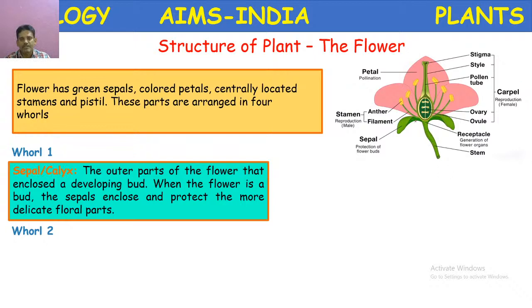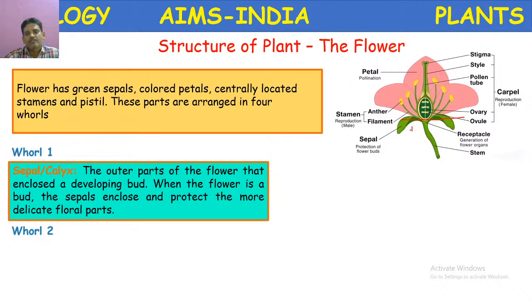Here you see in the picture, the green portion at the bottom is called sepals. And the colored part is called petals. And the centrally located portion is called the pistil and stamens, the female and male reproductive parts. So in total 4 whorls are arranged.